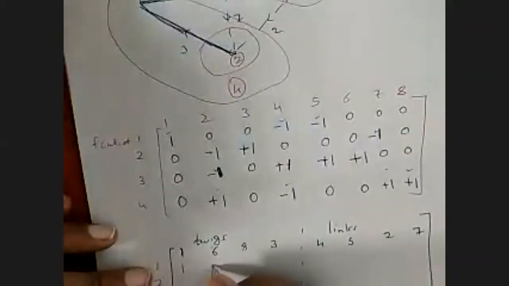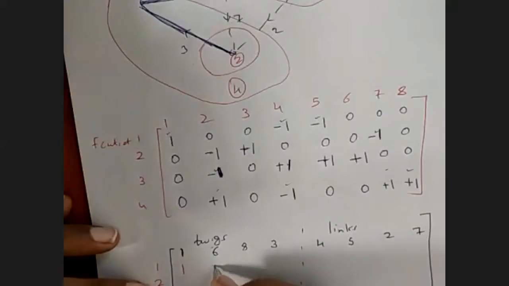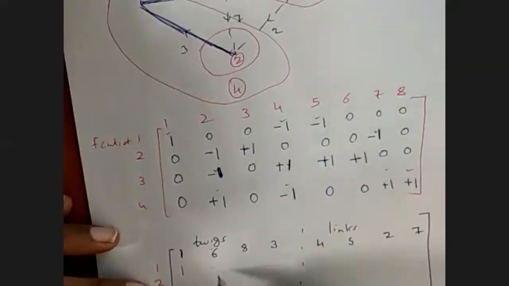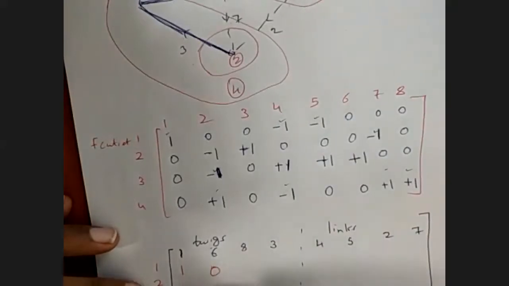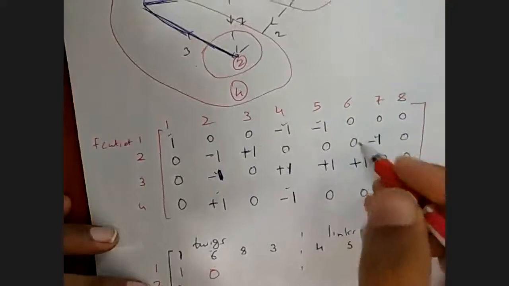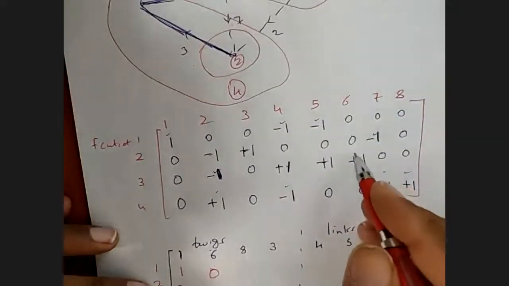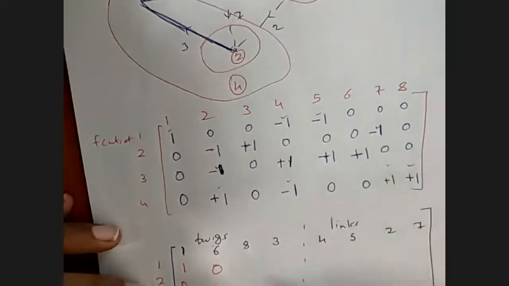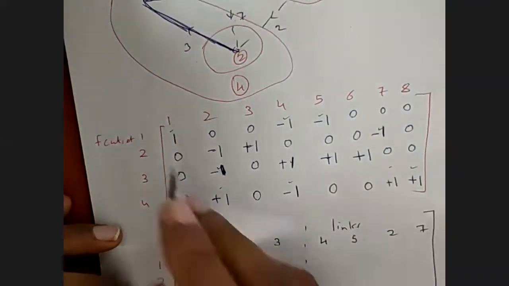So 1 is with respect to twig number 1. So that is 1, 0, 0, 0. Make this similar to this.